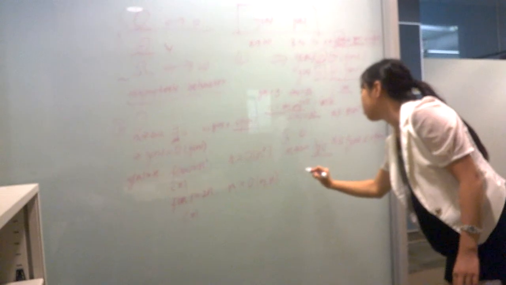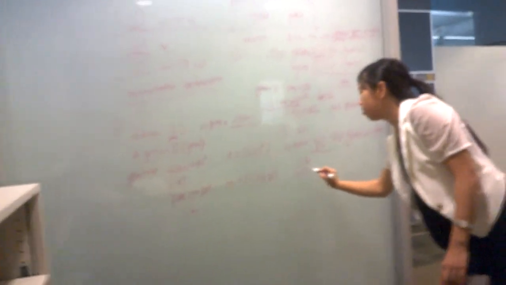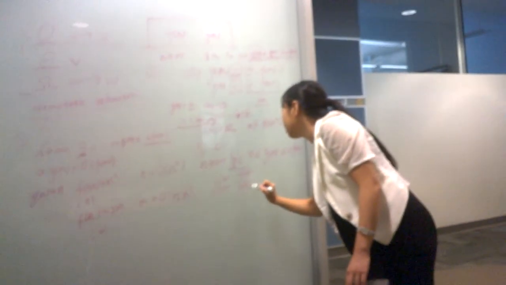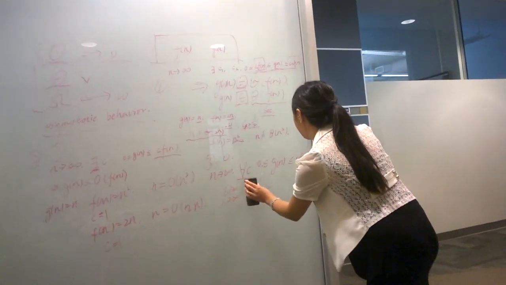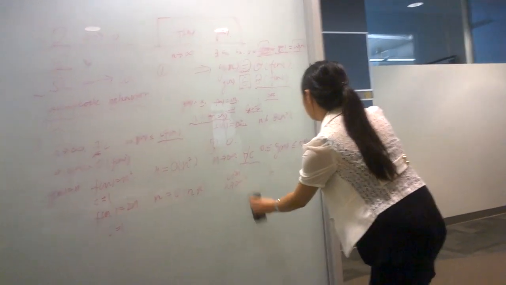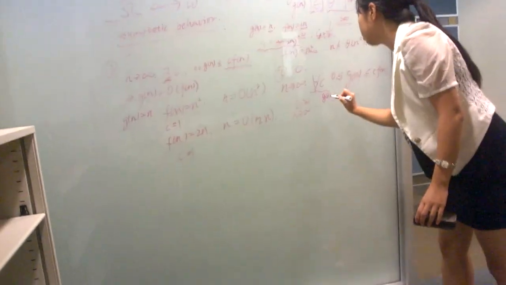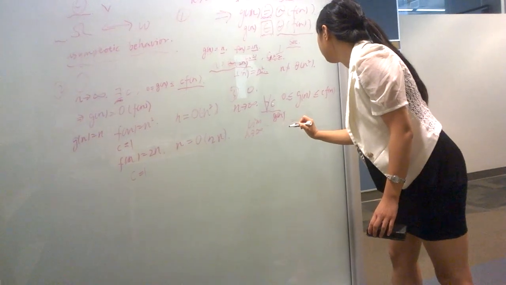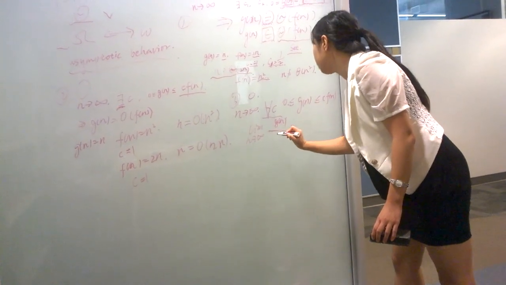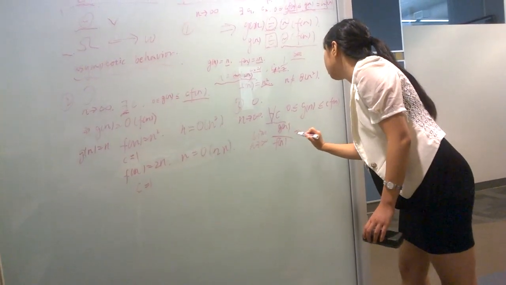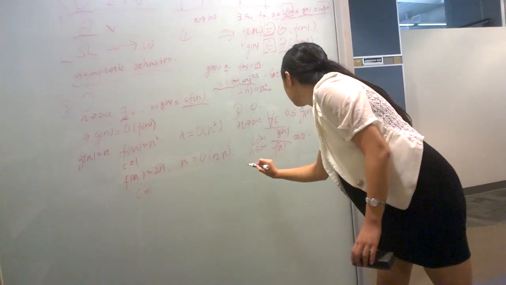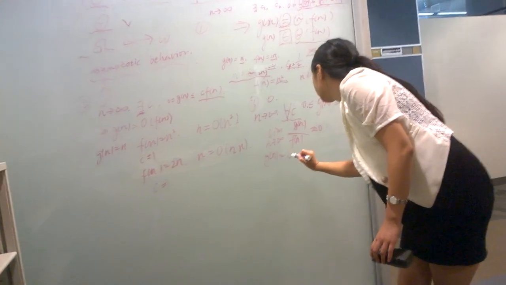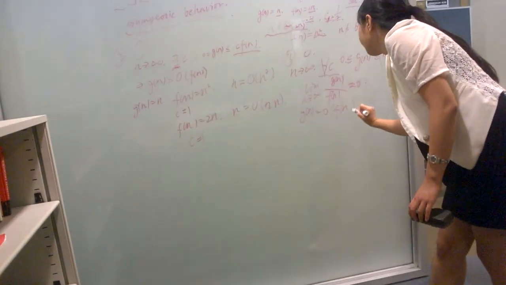That means the limit as n goes to infinity of Fn over Gn will equal 0. So Gn is small o of Fn.